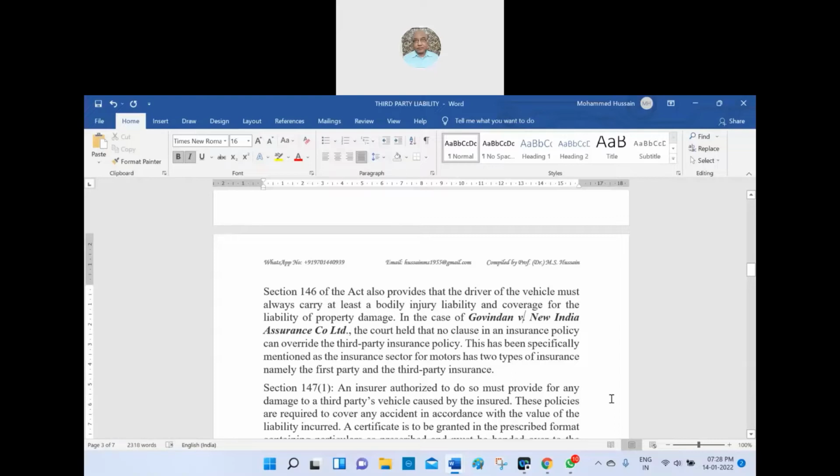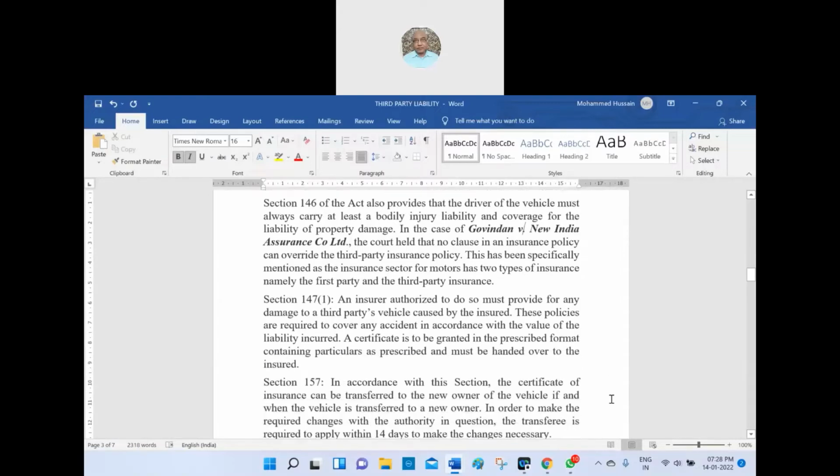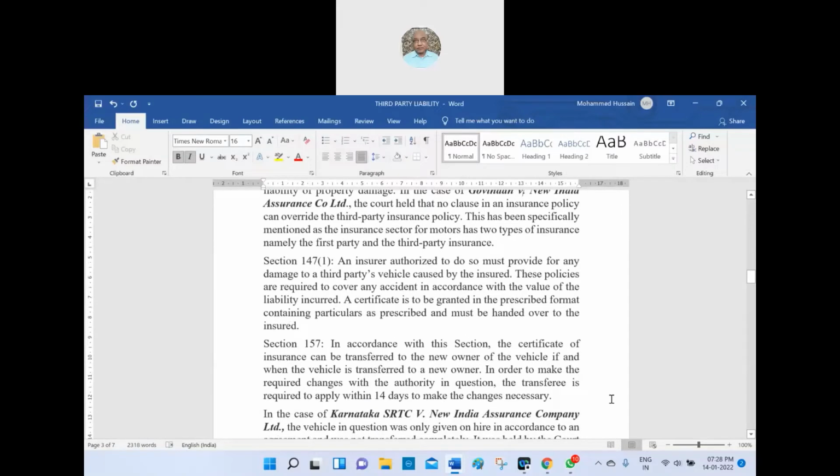This has been specifically mentioned. The insurance sector for motors has two types of insurance, namely first party and third party insurance. So Section 147(1), subsection 1: an insurer authorized to do so must provide for any damage to the third party's vehicle caused by the insured.